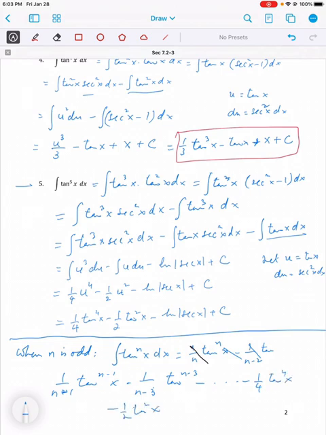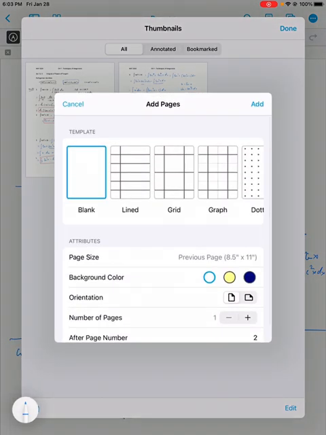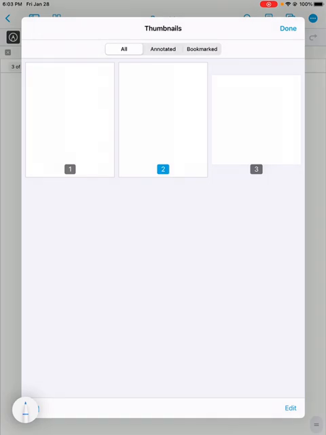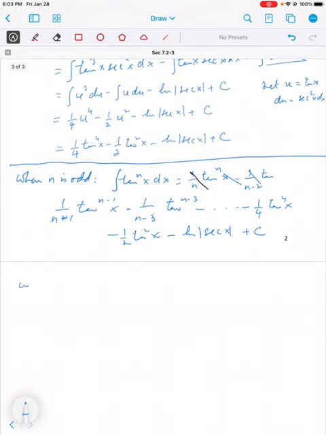And when n is even, you can see a similar kind of result. So when n is even, the integral of tangent to the n x dx, what does it become?